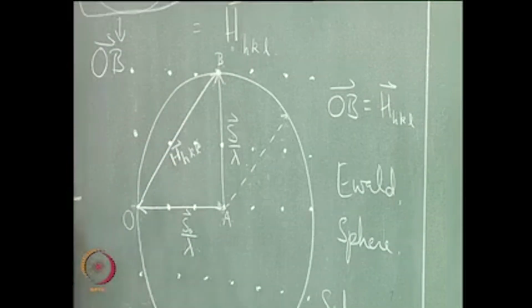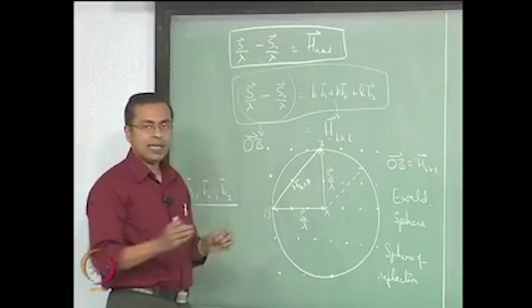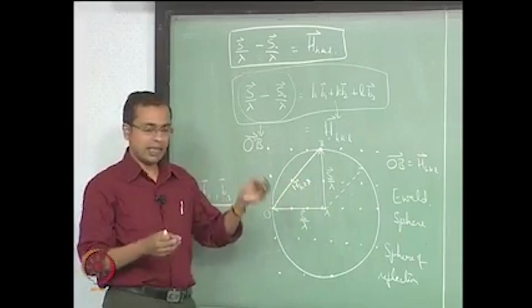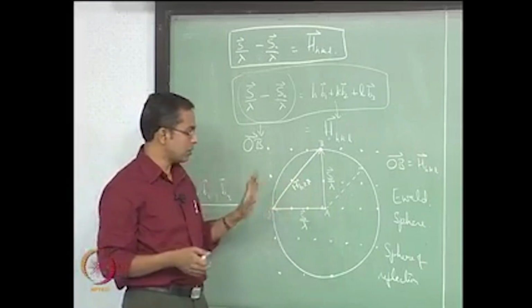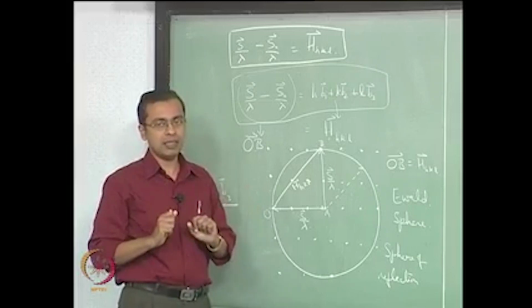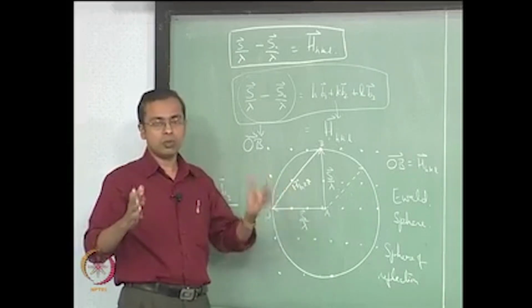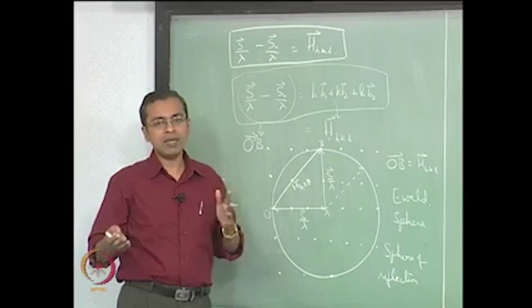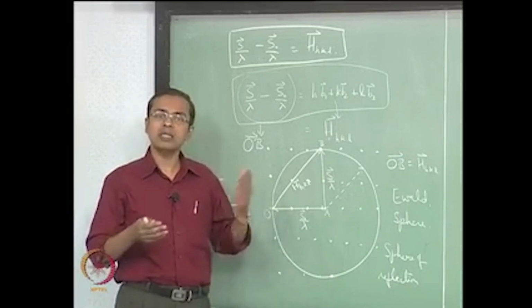So that part I think we have a good feel for. What I would like to improve our feel for is the reciprocal lattice itself. In the next few minutes through the rest of this class we will look at the reciprocal lattice and understand certain aspects of it, because intuitively we have a better feel for real space. To have a feel for reciprocal space is not that intuitive for us, so that is what we will look at.